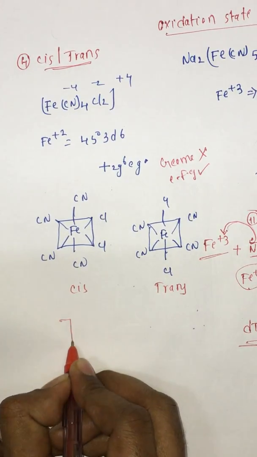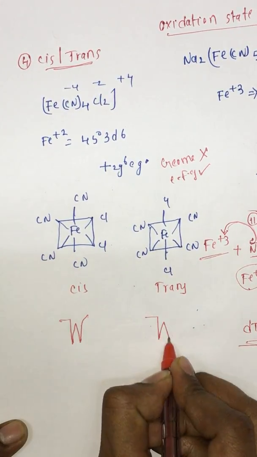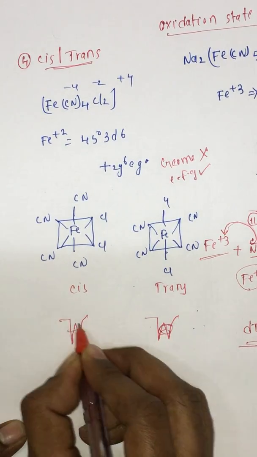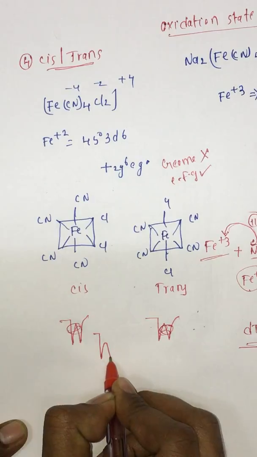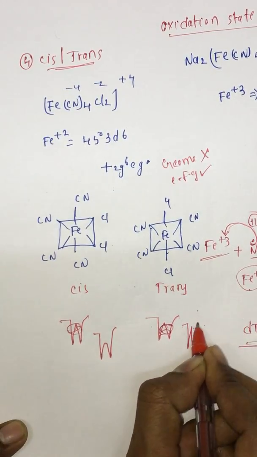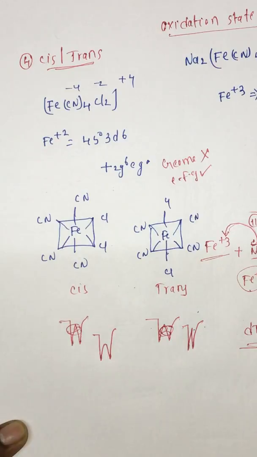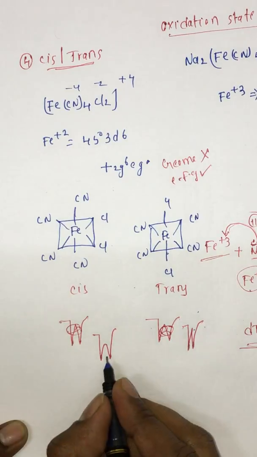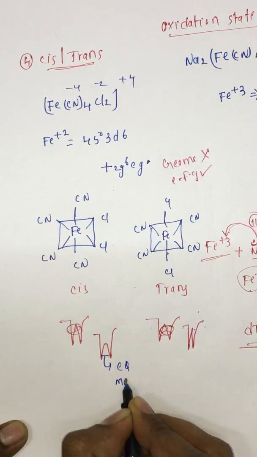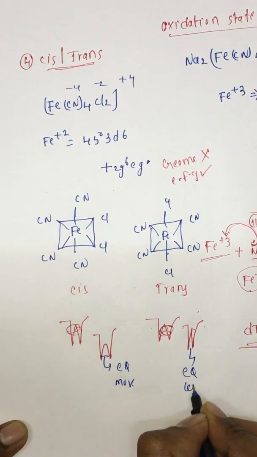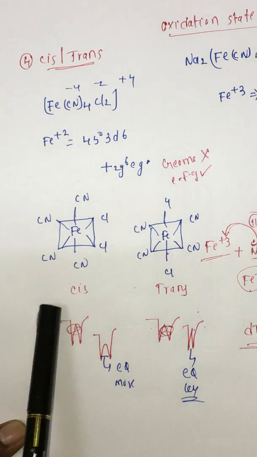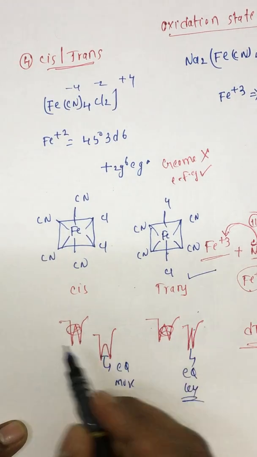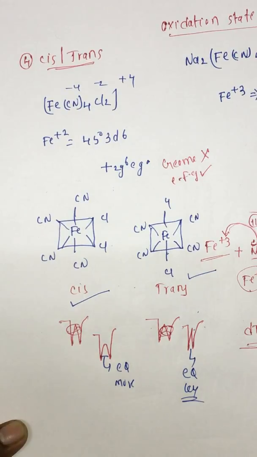So in both cases we get a two-line signal, but the cis one will look like this and the trans one will look like this. As we can see in both spectra, here EQ is more and here EQ is less, because the trans compound is more symmetric compared to the cis compound. Because of that, in the cis compound we get more EQ, and in the trans compound we get less EQ.